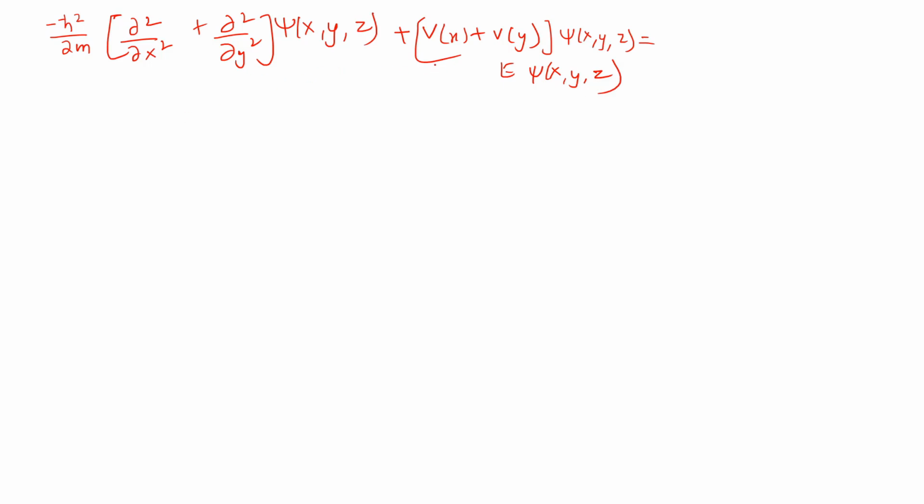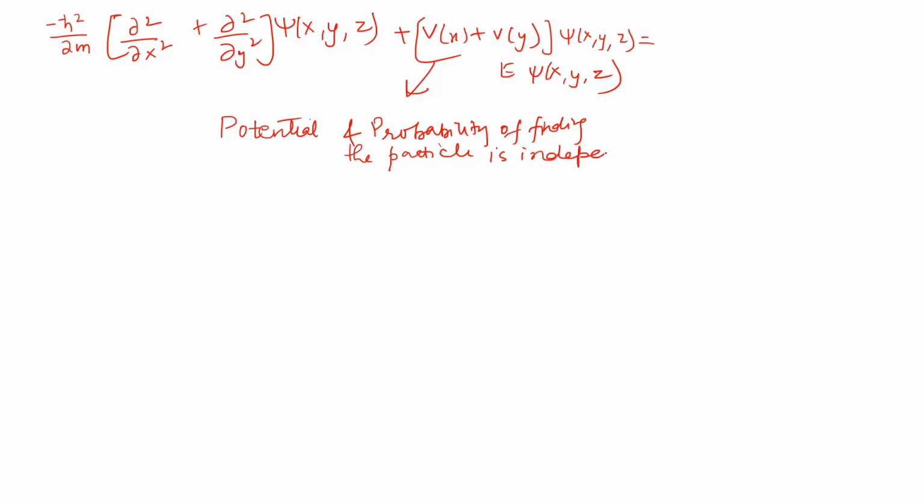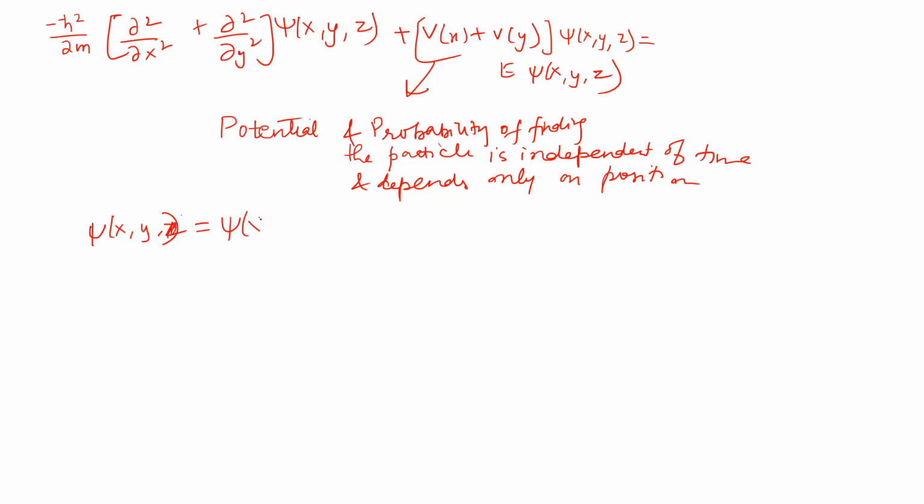So when this potential and the probability of finding the particle is independent of time and depends only on position, we can write this wave function psi xy as the multiplication of individual wave functions, and energy will be additive.